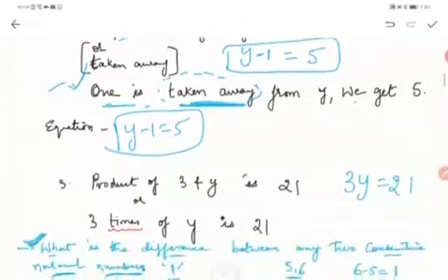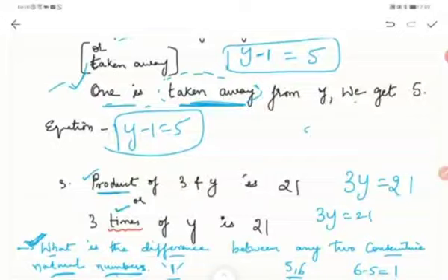Now next, the same thing, you can term product as times. 3 times of y is 21. This also means product. Does everyone remember?